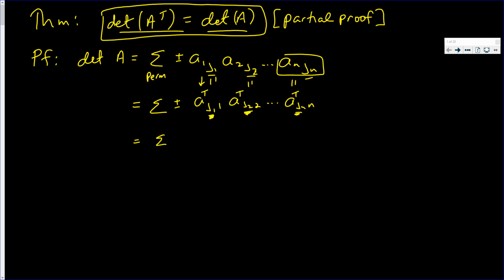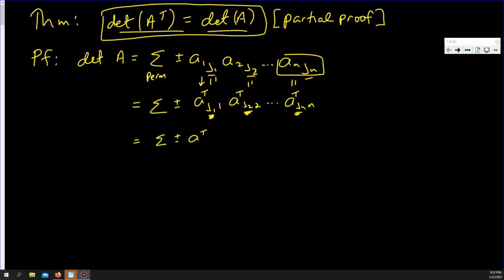So I'm going to have the summation of plus minus A transpose 1. I'll talk about the second component in a moment. A transpose 2. Talk about the column value. All the way up to A transpose n.